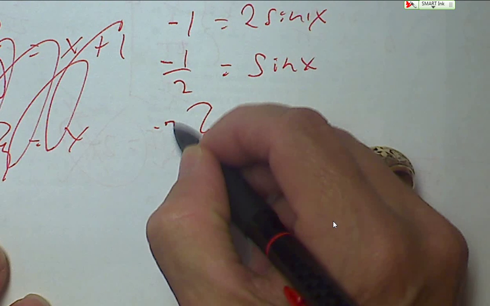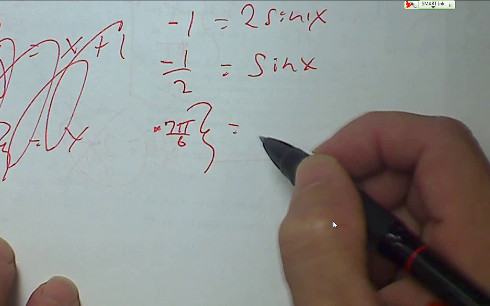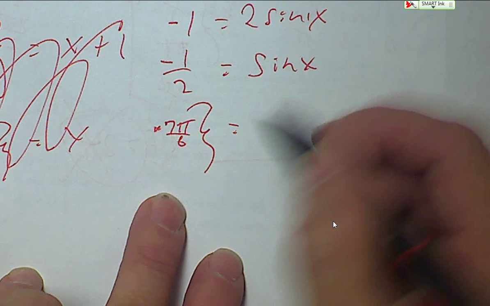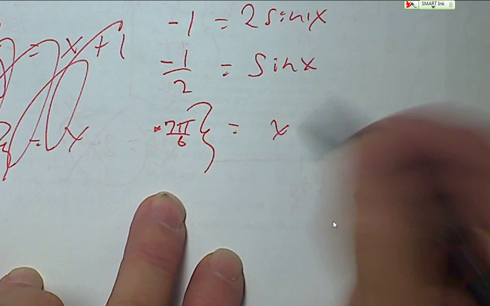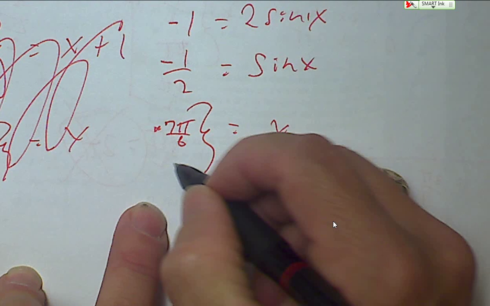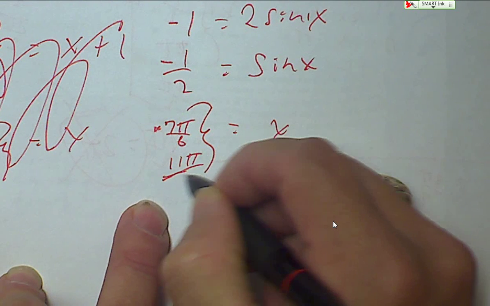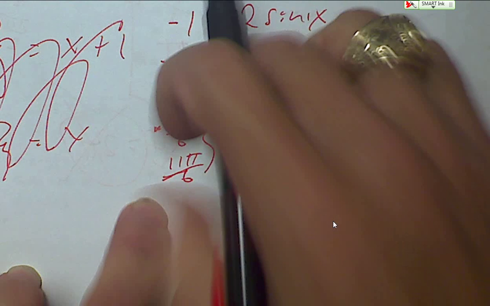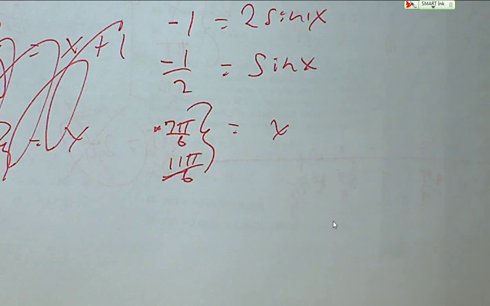7 pi over 6, and 11 pi over 6. So those are my 2 angles when sine is equal to -1/2.